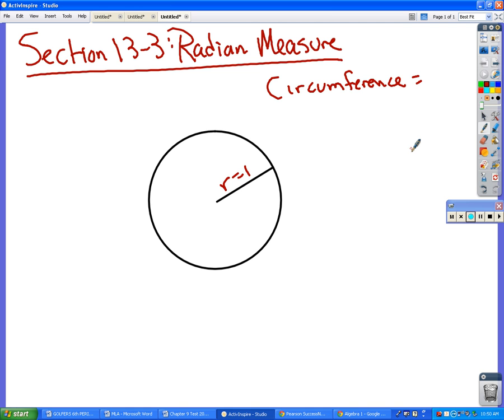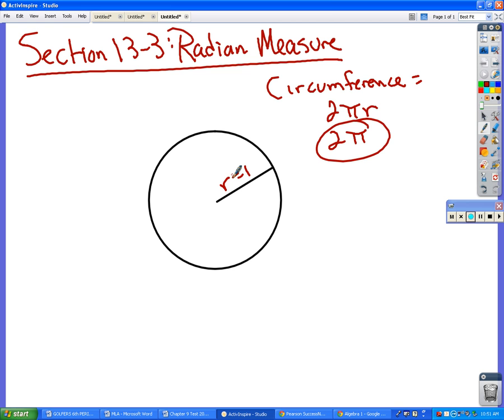Since the circumference is 2 pi r, but r equals 1, if I plug 1 in for r, my circumference is just 2 pi. So the physical distance around this circle with a radius of 1 is 2 pi inches or centimeters or meters or whatever you're measuring it in.